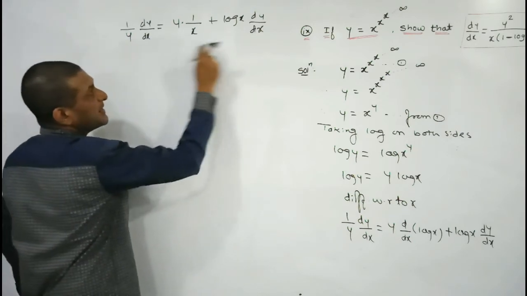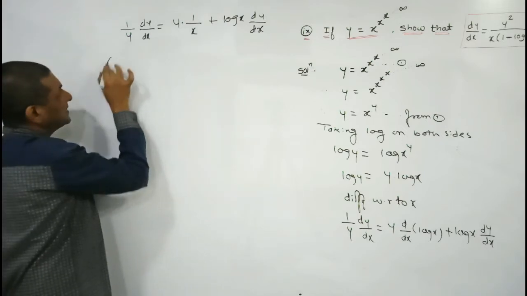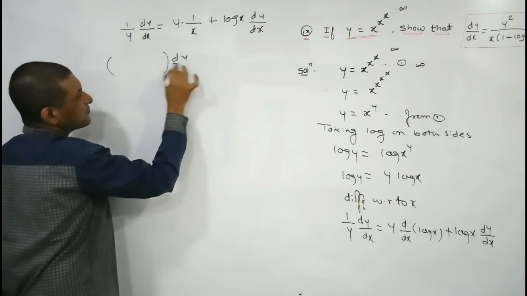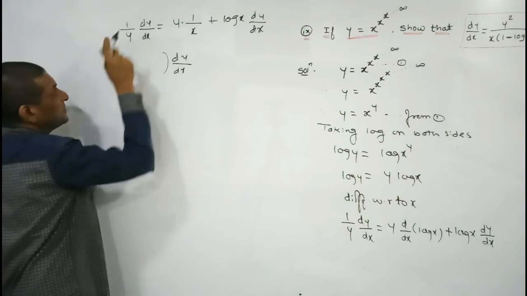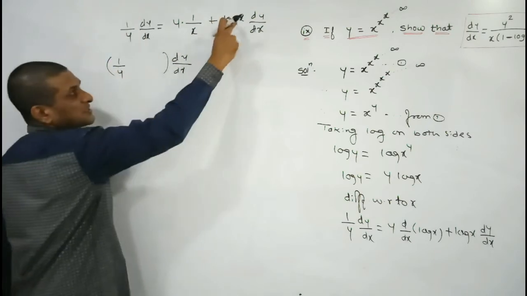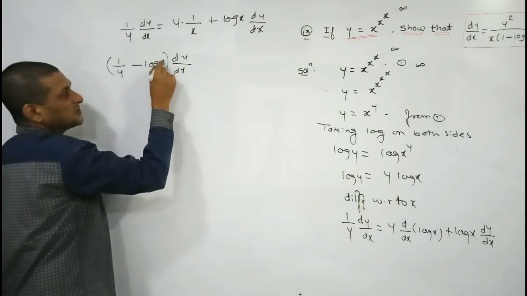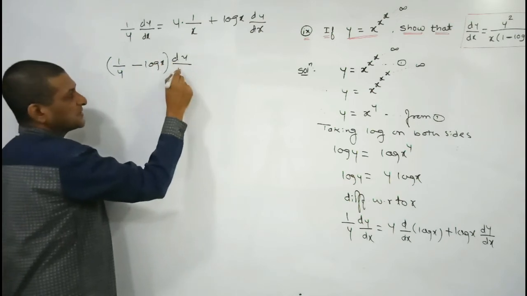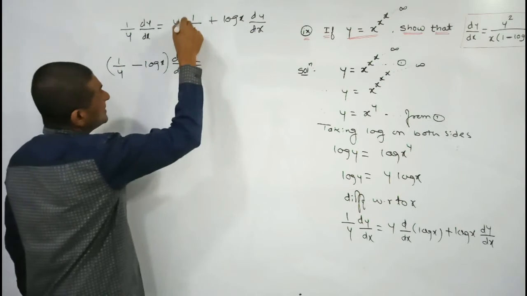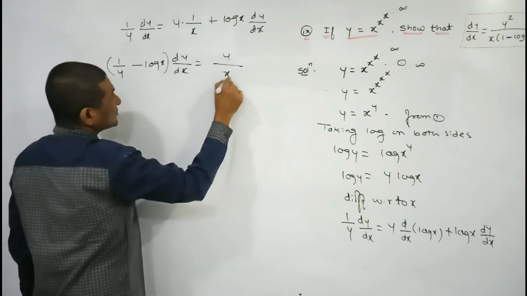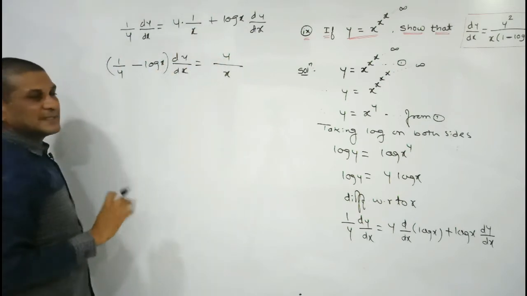How many terms of dy by dx are there? 2 terms. So we are taking dy by dx common from these 2 terms. So here its coefficient is 1 upon y, and this term is plus. On this side it will become minus log x dy by dx. Dy by dx we have taken common from both the terms. Remaining term on this side is y by x. Y into 1 by x is y by x, isn't it?